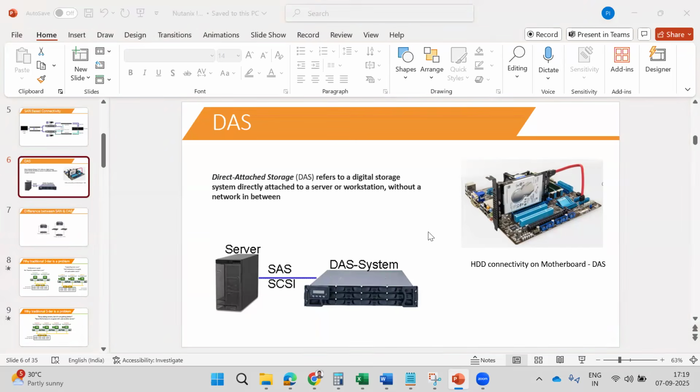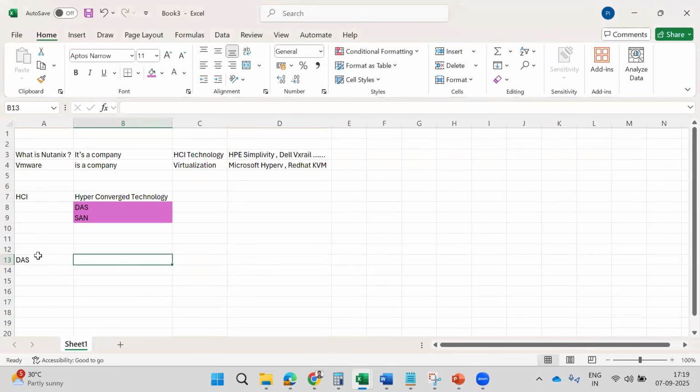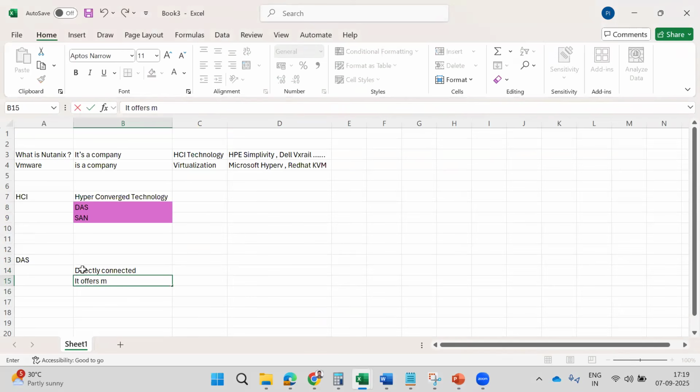So directly attached storage is directly connected to my motherboard. If I talk about DAS, what advantage do I get? It's directly connected, hence it offers me data locality. What is data local? I keep all my data local to the computer.